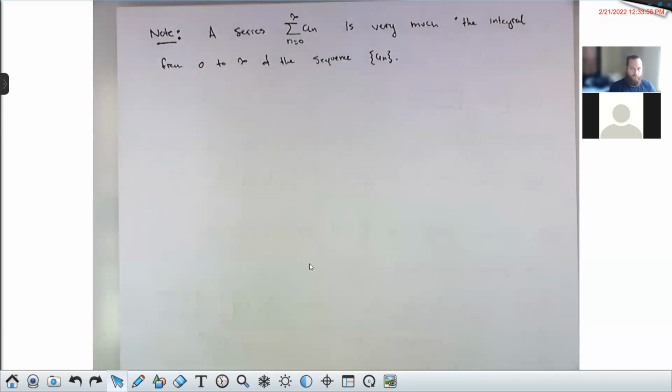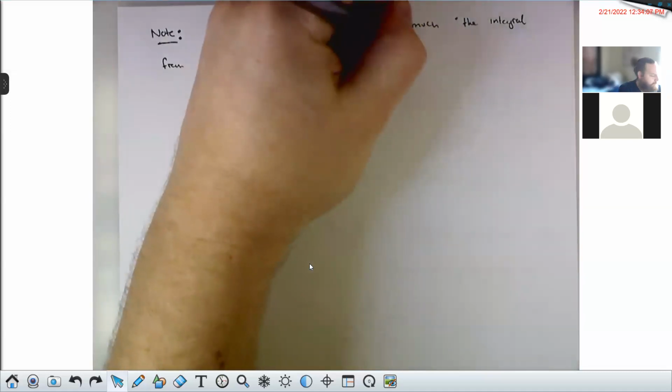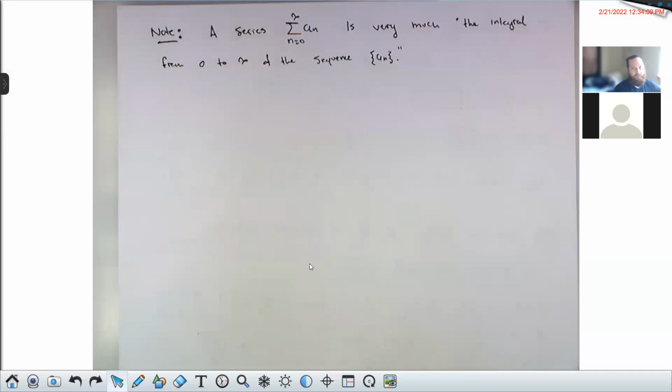Right, sequences are literally functions. They're just functions whose domain is the natural numbers. Well, a series is literally the integral of that function. It's just that the integral here has to mean something different than it does when you talk about functions of a continuous variable, because the graphs are so different, right? The graph of a sequence is just the dots.